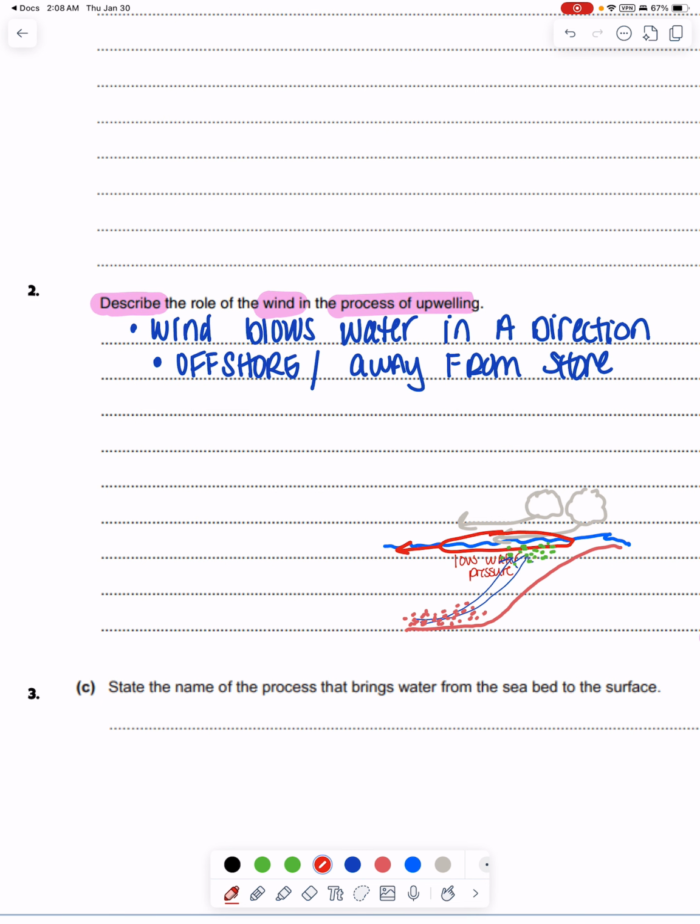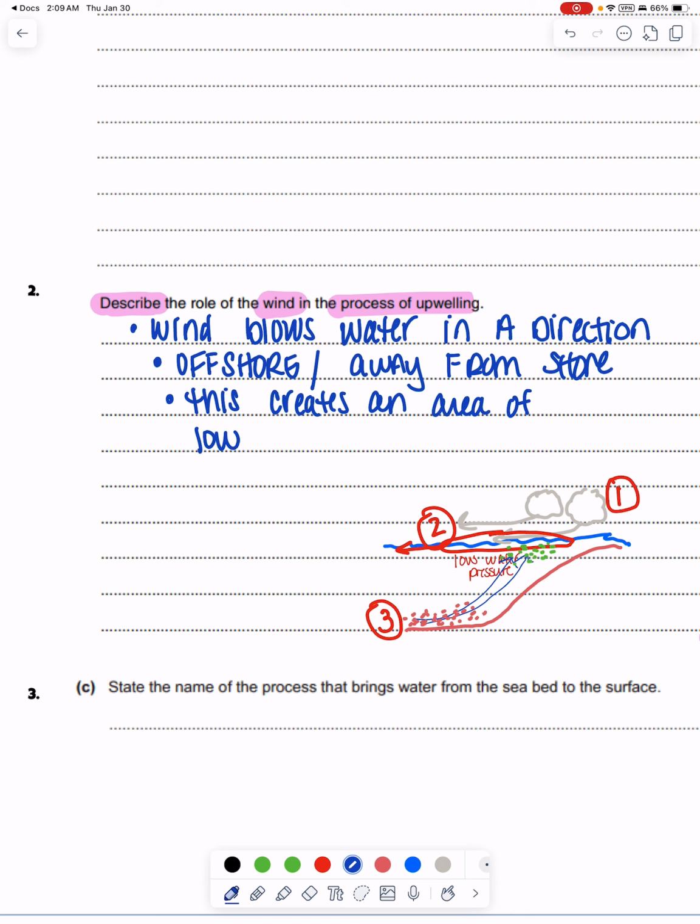And in class, we did say this is the first step, blowing water offshore. The second step is this low water pressure. And then the third step that's going to occur is that dissolved nutrients are going to be moved up. And so this is essentially what the process of wind is for this answer. So this creates an area of low air pressure.